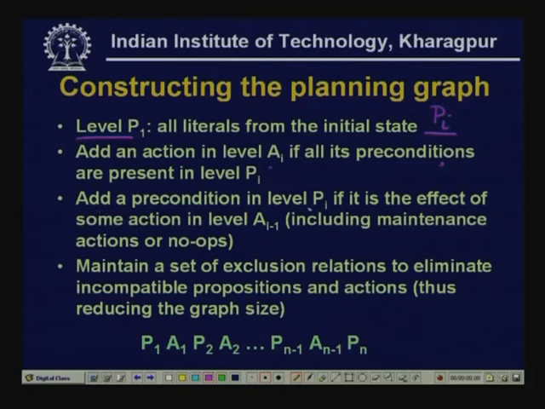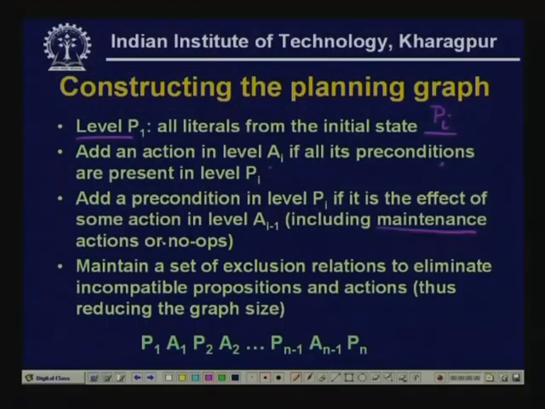We will add a proposition in level Pi if it is the effect of some action in level Ai minus 1. And because we also have these maintenance actions, we will carry over the propositions from Pi minus 1 to Pi using maintenance actions. And due to other actions, we have some other propositions as effects which we will add to level i. So this is easy.